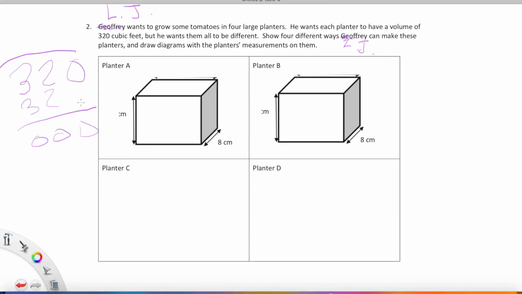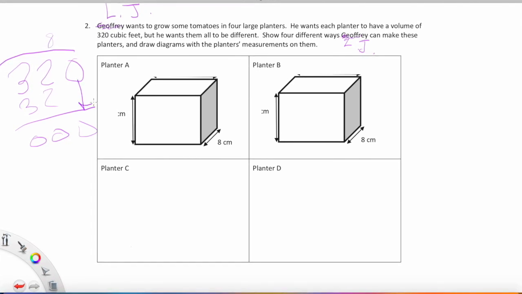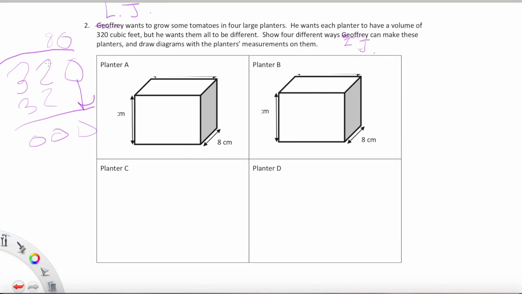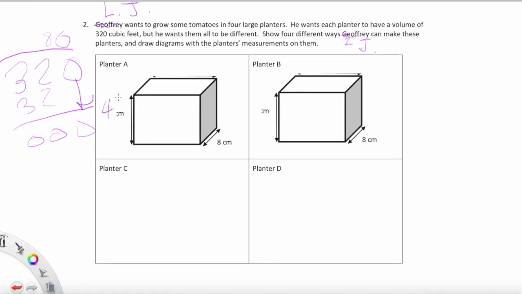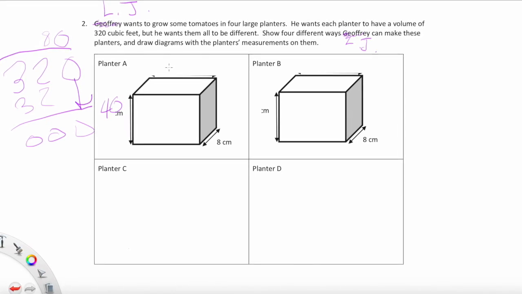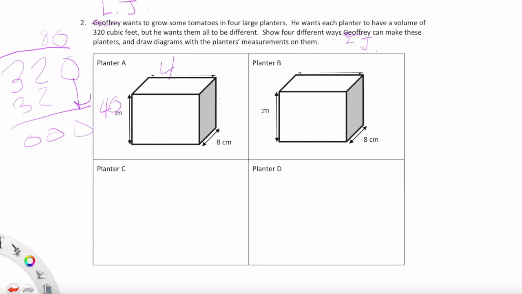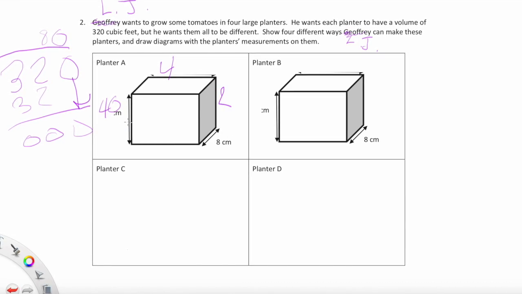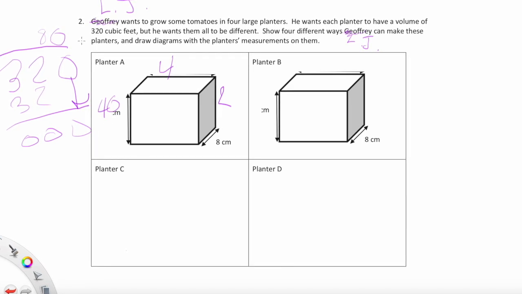You have to put the 8 up here, bring the 0 down, and make it 80. So then we'd have to do 40 times 4 times 2. It equals 80 feet.